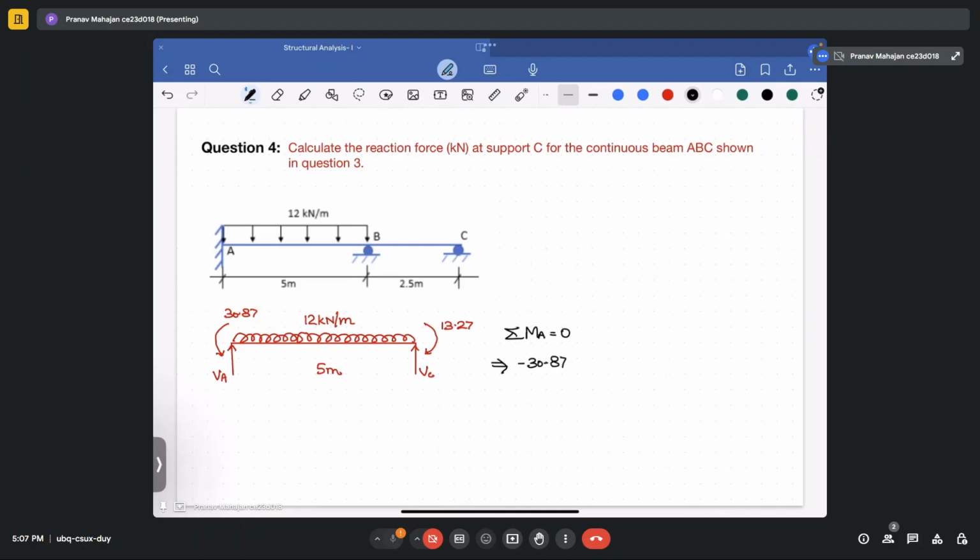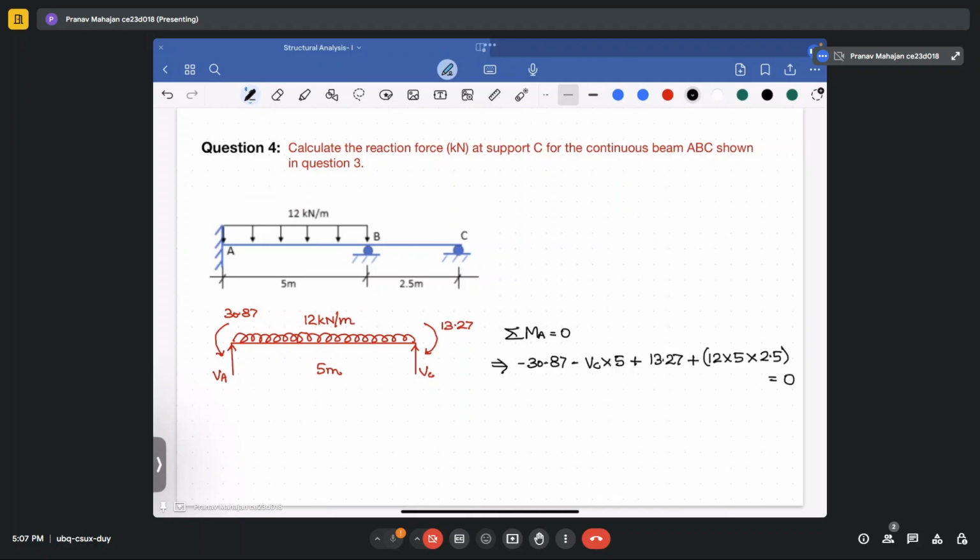And then VC will also be negative. So VC into 5, and then you have positive 13.27 plus 12 into 5 into 2.5. This whole is equal to 0.